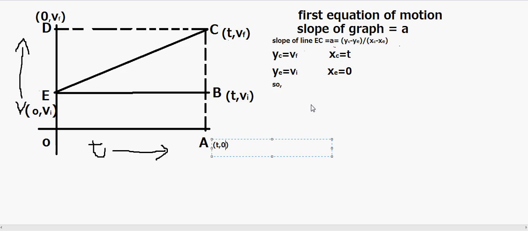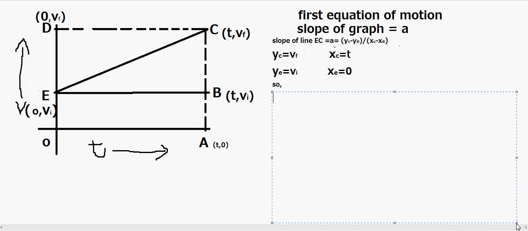Again we have these points: B has T on the x-axis and Vi on the y-axis, then C has T on the x-axis and Vf on the y-axis, and D has 0 on the x-axis and Vf on the y-axis, and E has 0 on the x-axis and Vi on the y-axis.